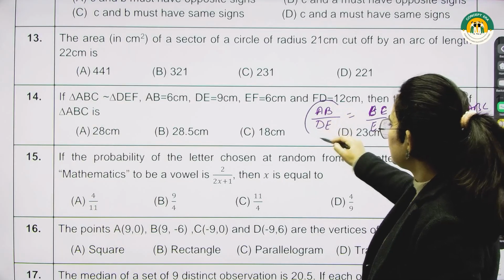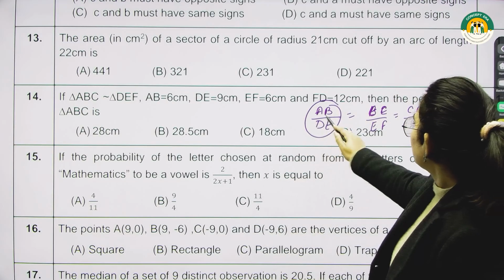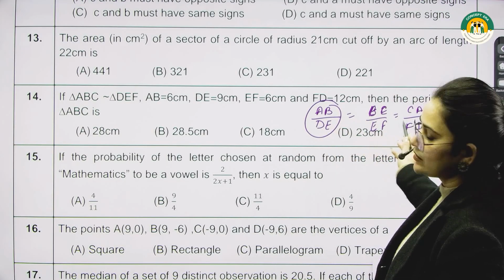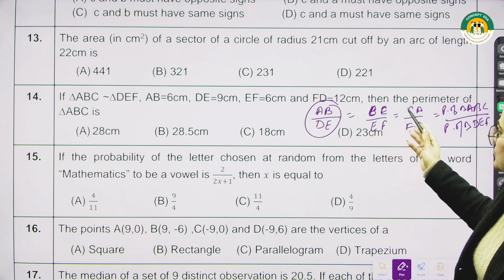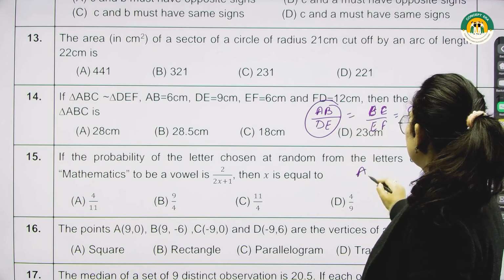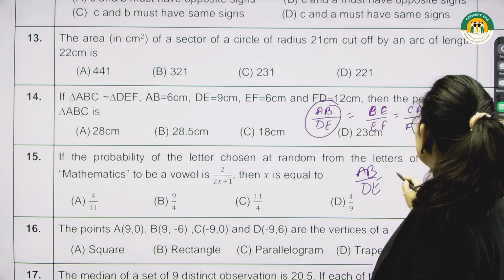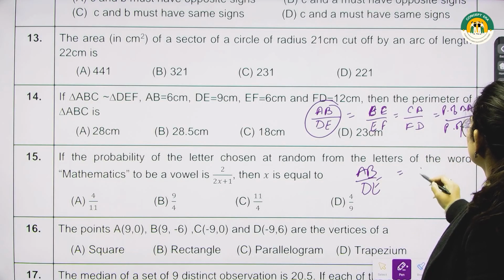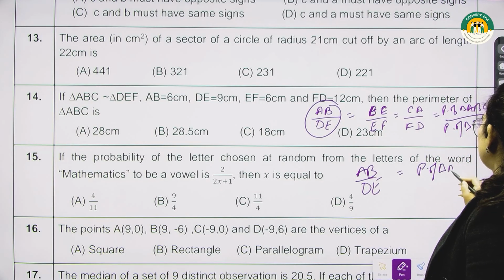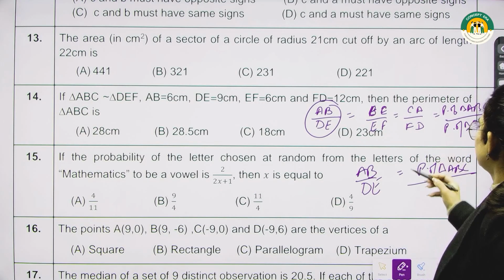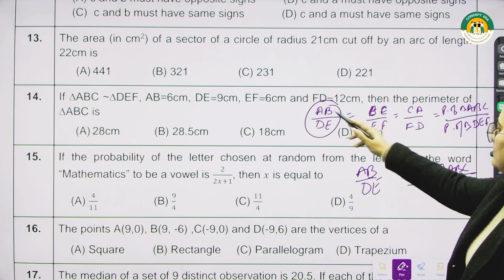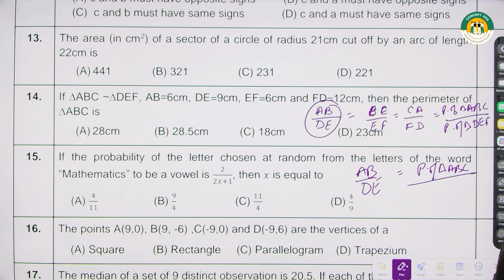AB upon DE is given. All of these are equal and proportionate. So AB upon DE is equals to perimeter of triangle ABC upon perimeter of triangle DEF. All the sides ratios are equal, तो हमने AB एक side को perimeter के equal रख लिया.